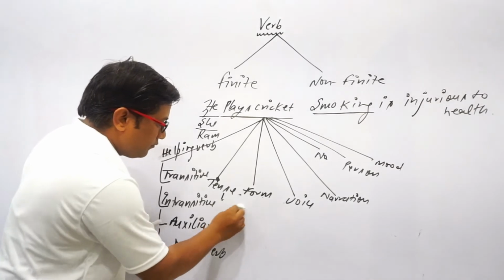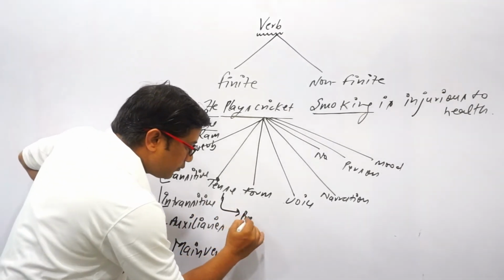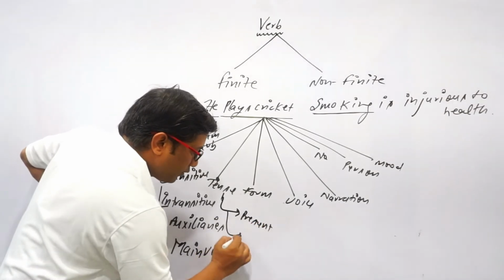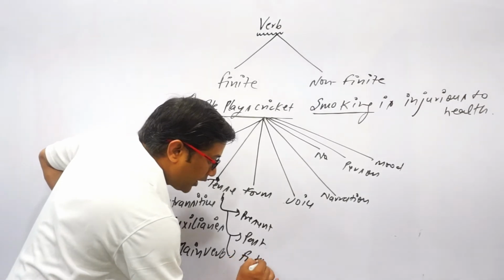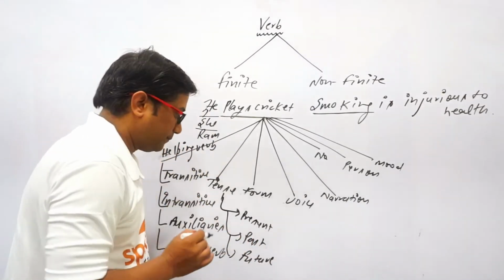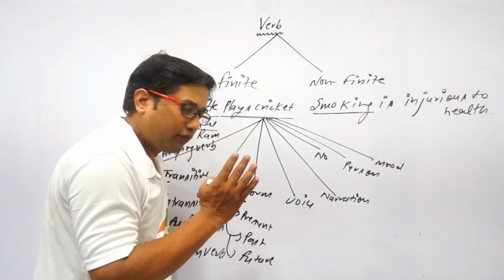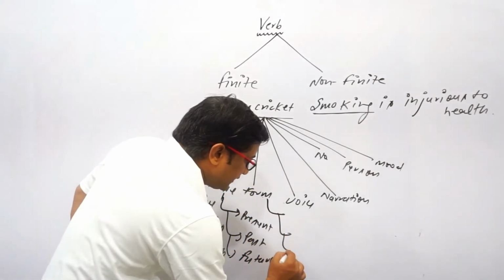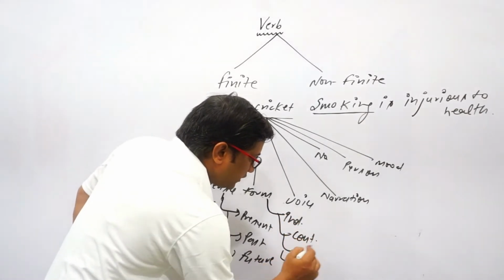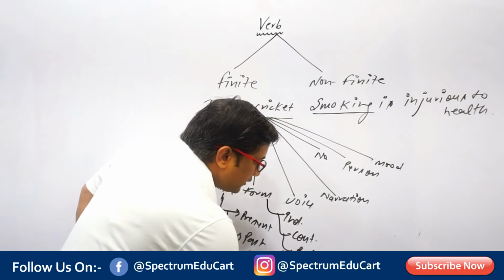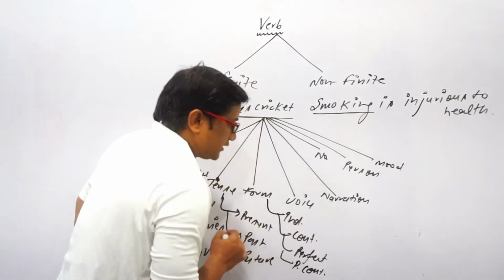So form and tense, here tense I taught you that was present, past, and next one is future. And when we talk about the 4 forms, there are only 4 forms, and that is indefinite, continuous, perfect, and perfect continuous.